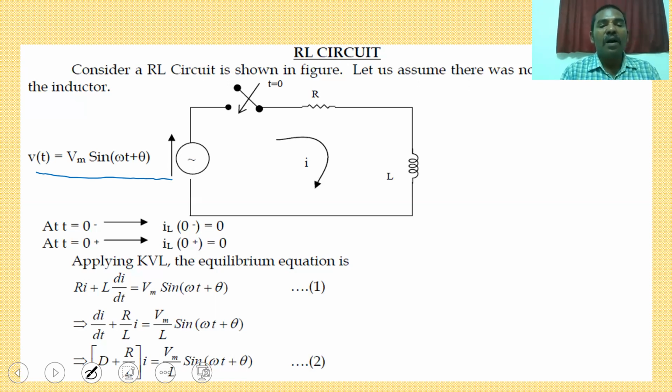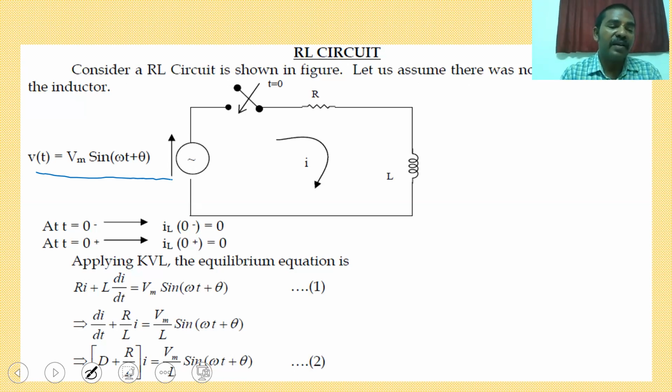Now apply KVL for the circuit after closing of the switch. Voltage drop across the resistor is R into I. Voltage drop across the inductor is L di by dt. The applied voltage is V of t, that is Vm sin omega t plus theta. So finally you get R i plus L di by dt is equal to Vm sin omega t plus theta.